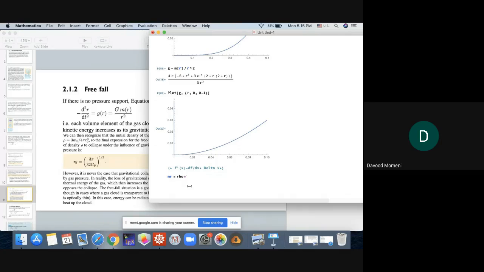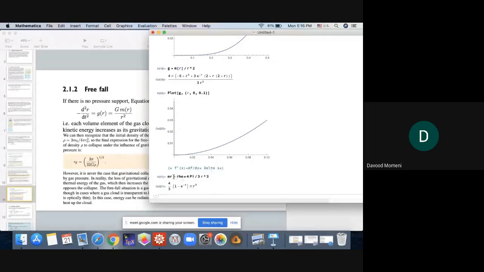Rho multiplied by volume. So 4 pi r squared. This is the volume.